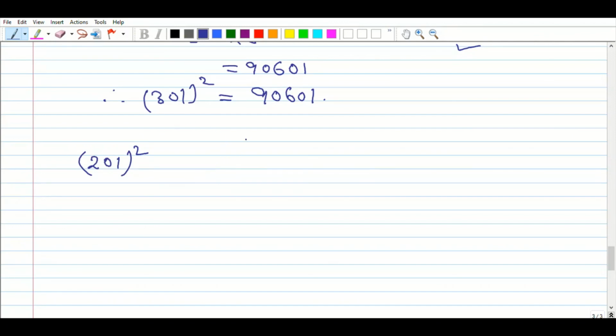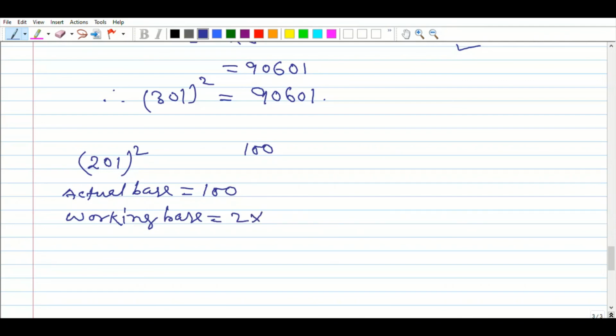Our actual base is 100 and the working base we make by multiplying by 2, so we get 200. Very good.